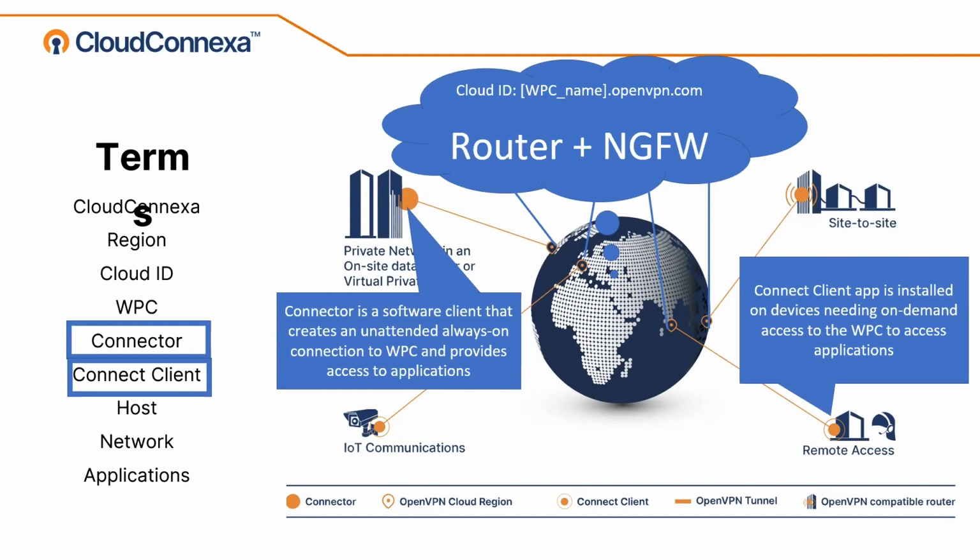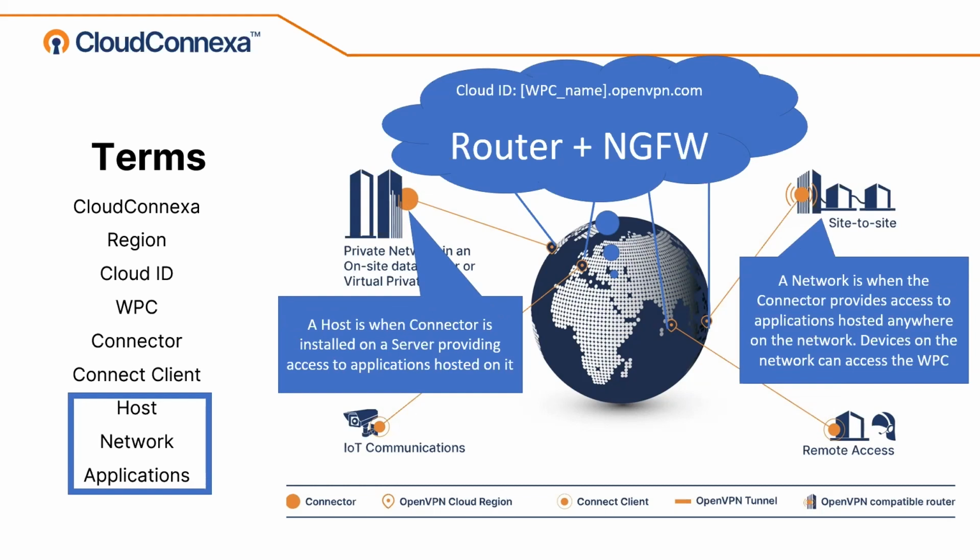Once connectors are used and connected, and provide access to those services, your users can use the Connect app and establish on-demand connections whenever they need to access the services. So to summarize, connectors make networks and applications part of the WPC, and clients are used to connect to the WPC and consume services made available via the connectors.